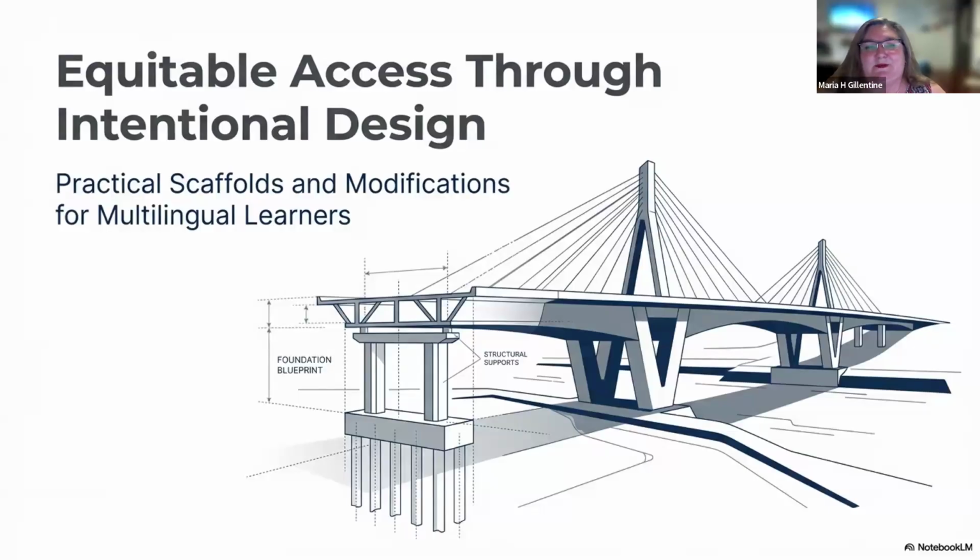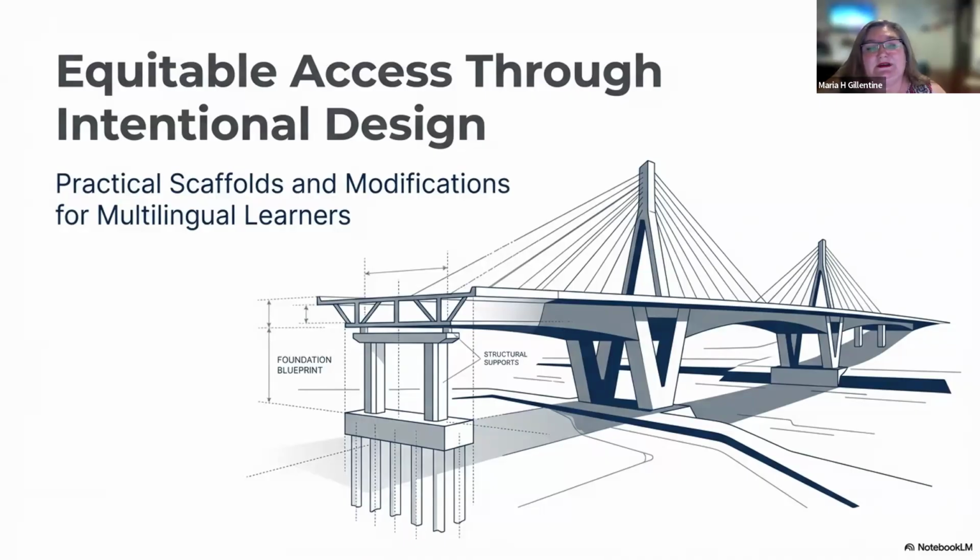So today we're going to explore how intentional instructional design creates equitable access for our multilingual learners. The goal is not to lower expectations or simplify the learning. Instead, it is to remove unnecessary language barriers so that our students can fully engage with grade level content and demonstrate what they know.